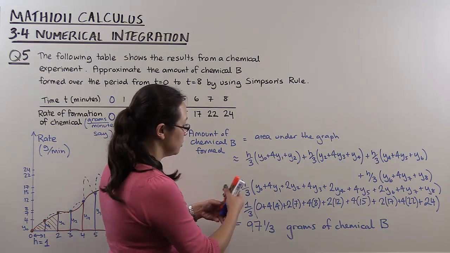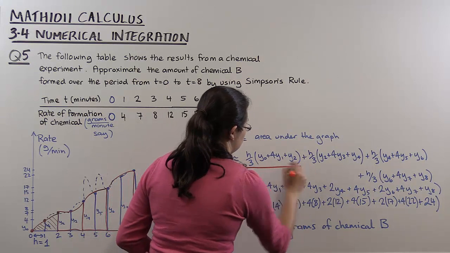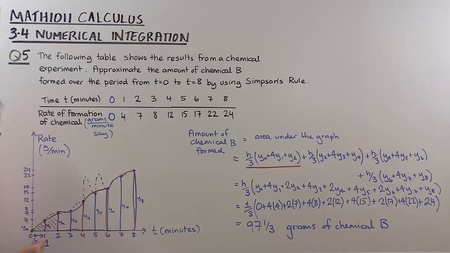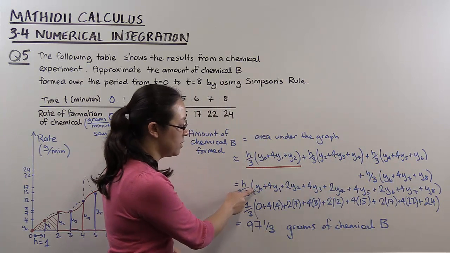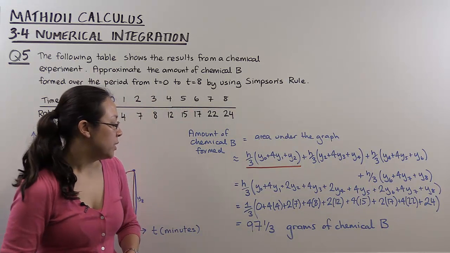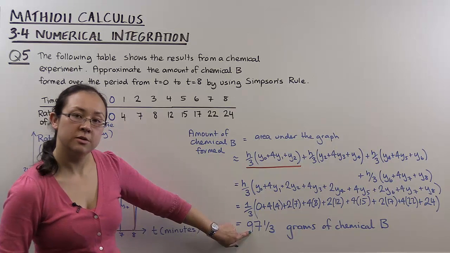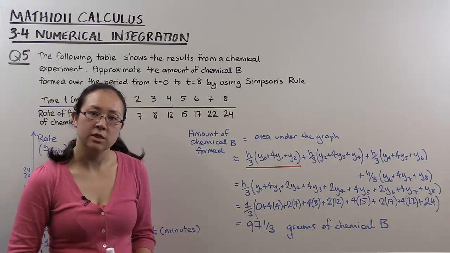So Simpson's Rule just for a pair of subintervals is given by this formula, h for the width, h on 3, outside of the first y value, 4 times the middle y value plus the last y value, but we applied it 4 times over to each of those pairs of subintervals. So applying it 4 times over, you can simplify it if you wish. After substituting in the function values, we get a total of 97 1/3. So that's the area under this graph, or the amount of the chemical formed in those 8 minutes.